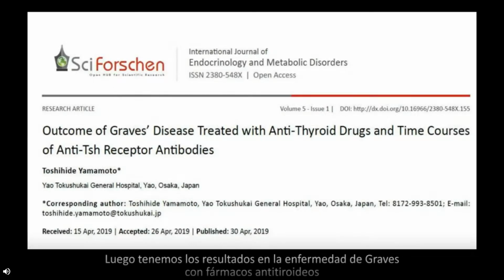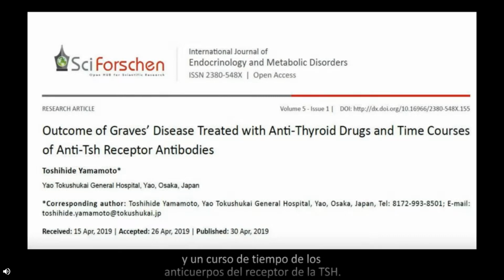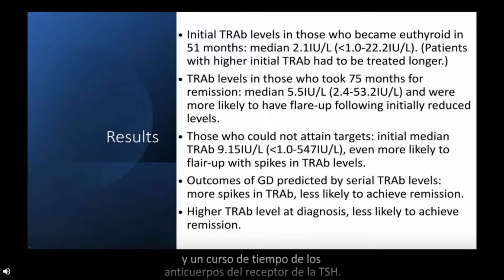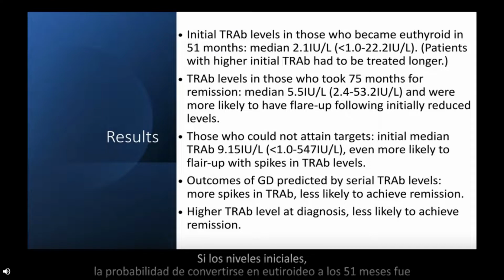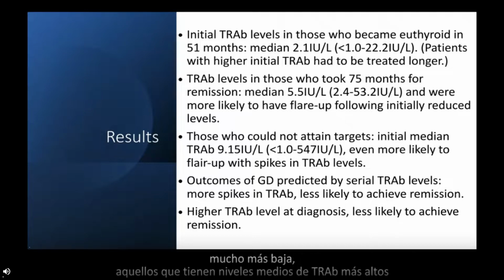Then we have outcomes of Graves' disease with anti-thyroid drugs and the time course of the TSH receptor antibodies, right? If the initial levels are high, the likelihood of becoming euthyroid at 51 months was much lower.